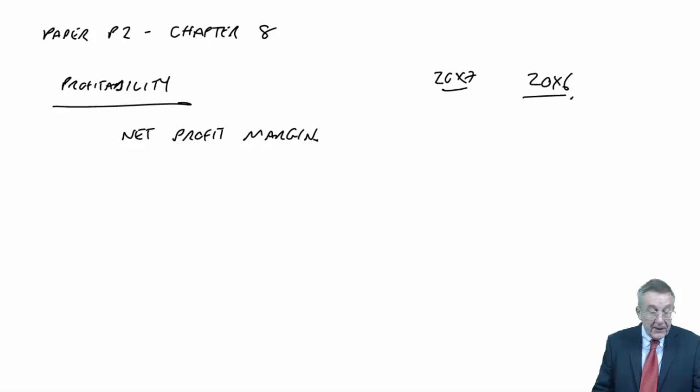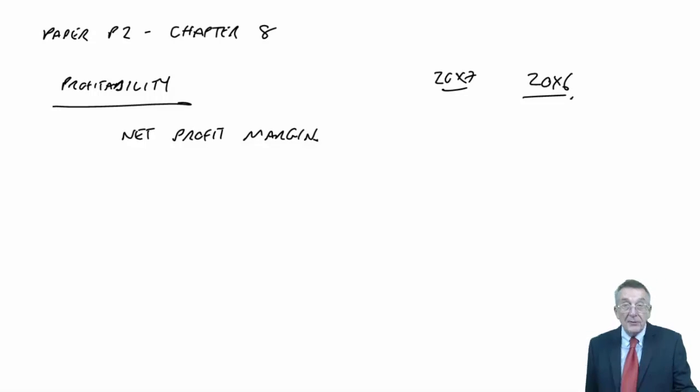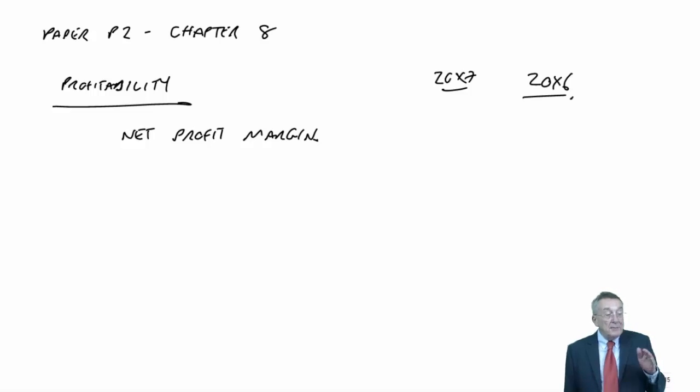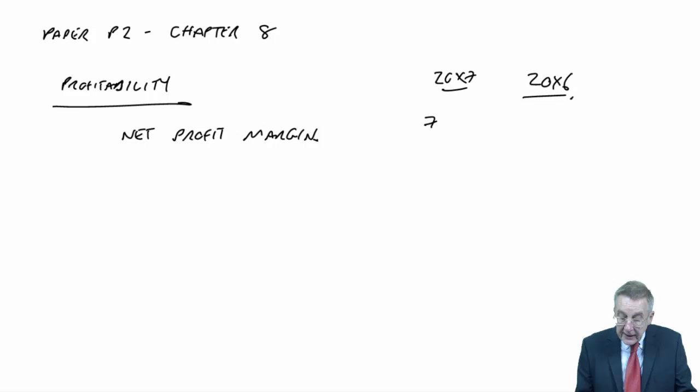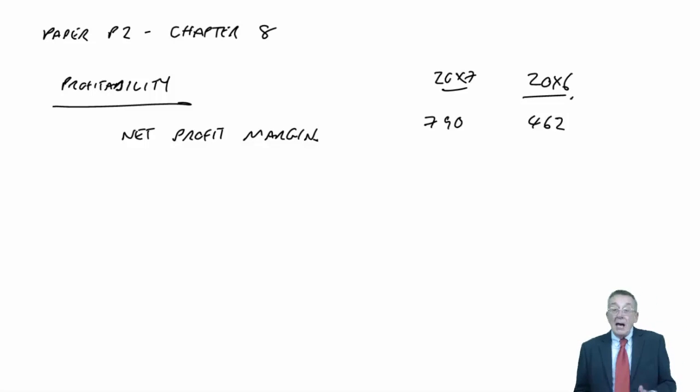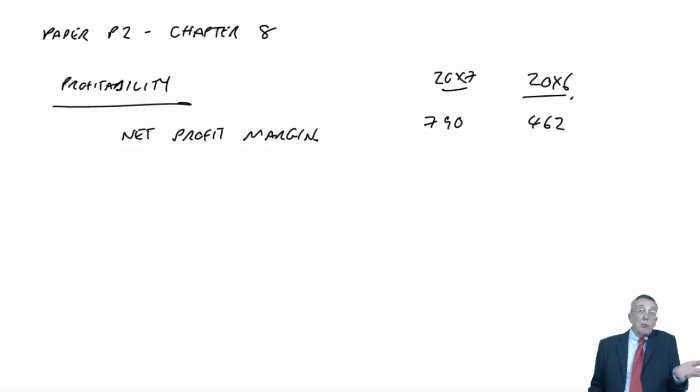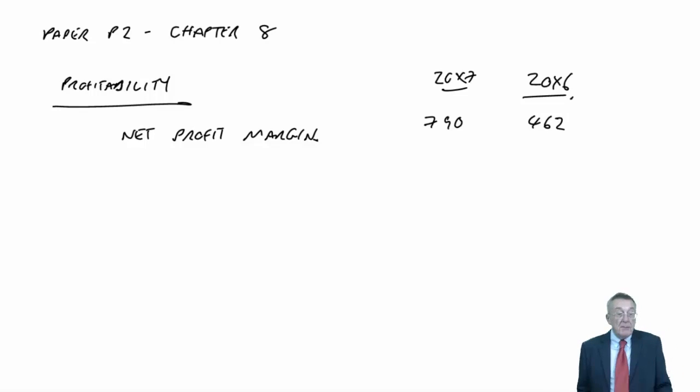So check me from the income statement. In 20x7, well, the final profit was 478, the profit before tax was 740, but that was after finance costs, interest charges. So the profit before interest and tax, the profit from operations, the operating profit is 790, as against last year at 462. Again, on its own, that means very little. It's gone up, good. But of course, you'd expect it to go up because sales have gone up.